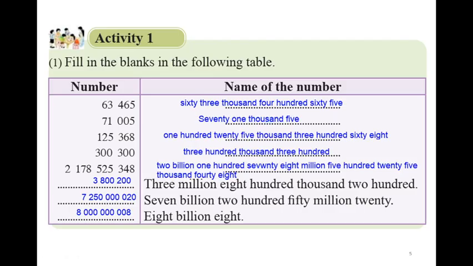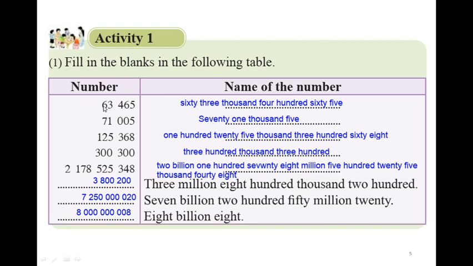Okay, now let's look at activity 1. Fill in the blanks in the following table. The first number is given. All the numbers are given in standard form. There's a space in each number, so it is easy for us. You have to start from the rightmost zone. This is the unit zone and this is the thousand zone. So we start writing from left to right.